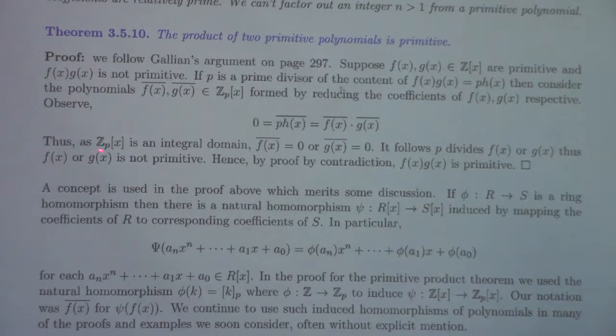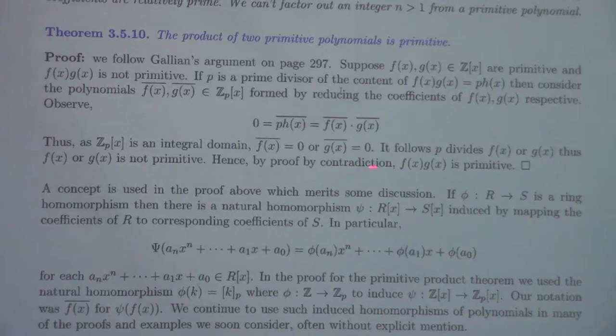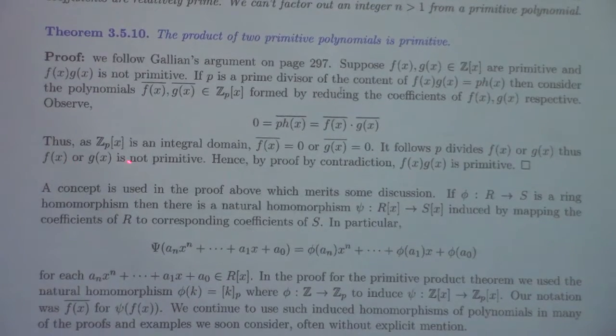Well, that's troubling because we have proved previously that Z mod p of x is an integral domain. Well, I'm sorry, since this is an integral domain, this equation implies that the reduction of f is 0, or the reduction of g is 0 mod p. So it follows that p divides f of x or g of x.